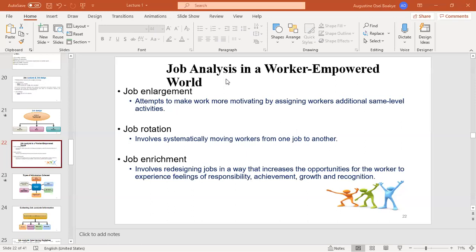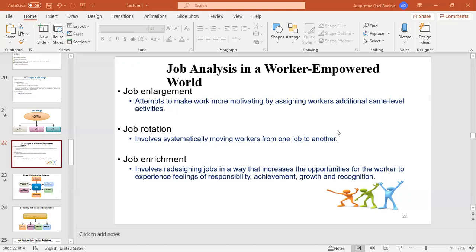That is why I say previously fragmented units of job are now combined together to create a new portfolio which will be performed by only one job incumbent. So for instance, a task that was previously performed by Sheila, Seidu, Gertrude, and Jennifer is now being put together to be performed by Gideon. When we do this, then we are talking about job enlargement.